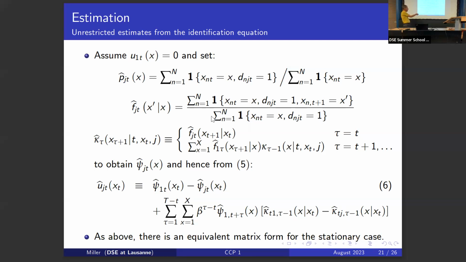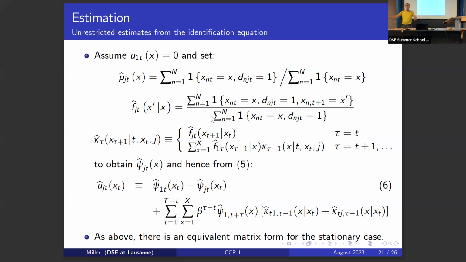Invariance principle. This is a maximum likelihood estimator, which means that the only way you can get more efficiency out of this kind of model is to make functional form restrictions about the u's. Okay, if you're already specifying the G's.